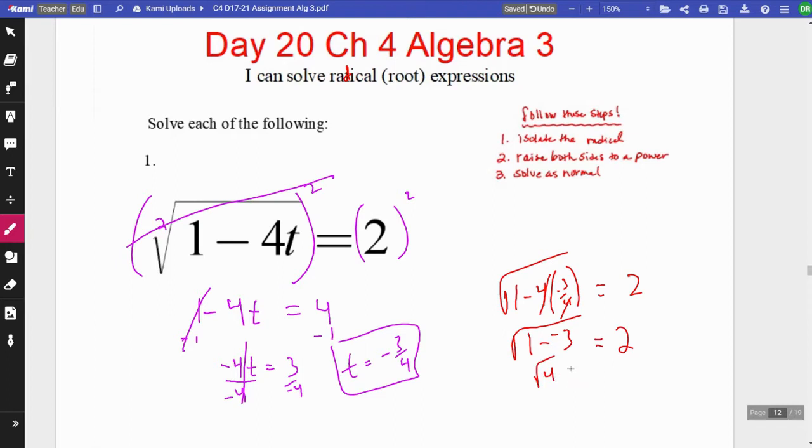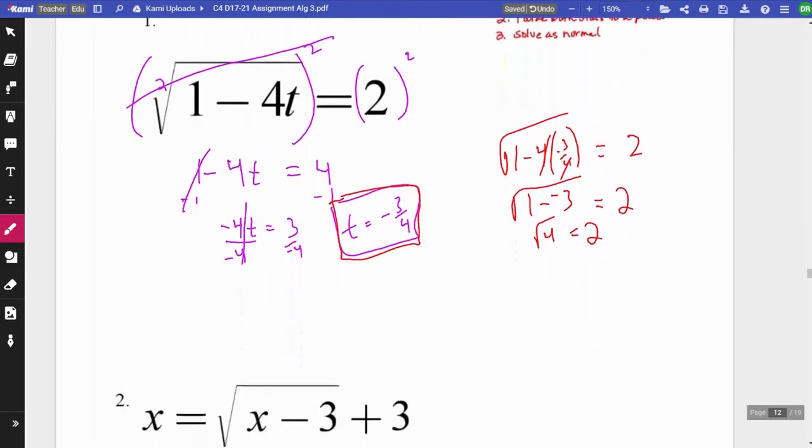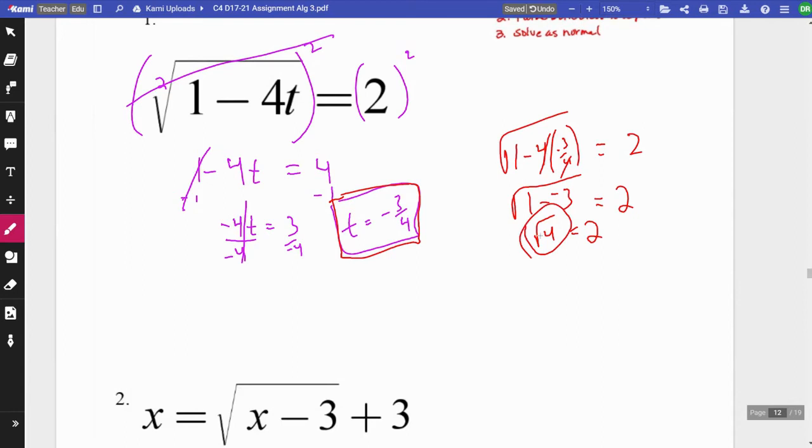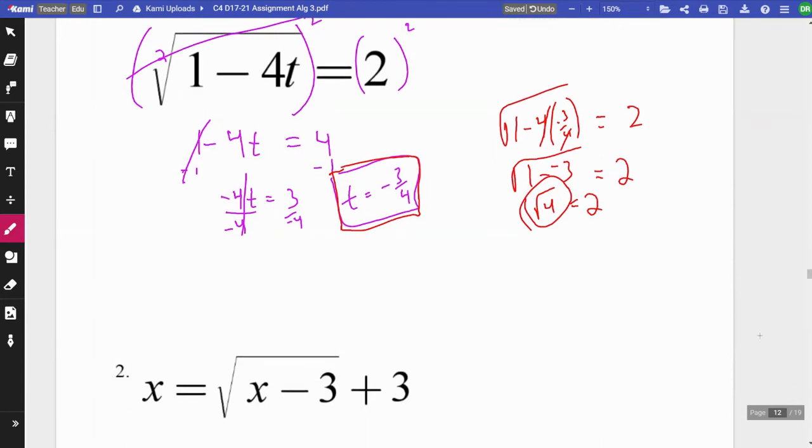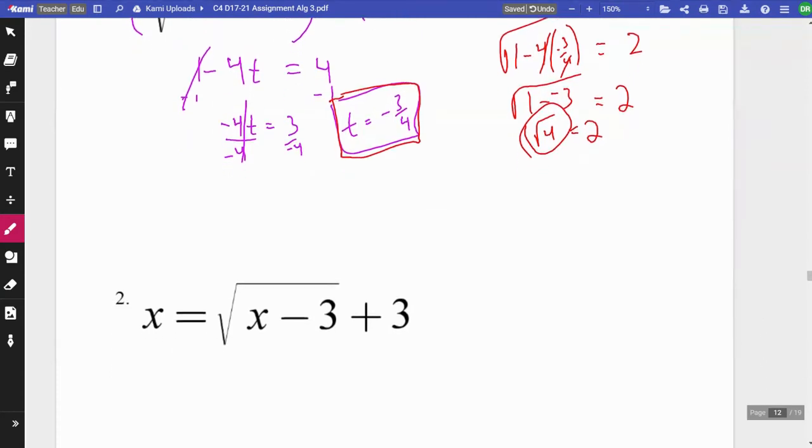So square root of 4 equals 2. Certainly that's correct. So nothing broke down. We didn't have any problems. Everything's okay. If, when we got to here, we had a negative underneath the radical, that's an imaginary number, and we have a non-real answer. It's just one thing to be careful about.